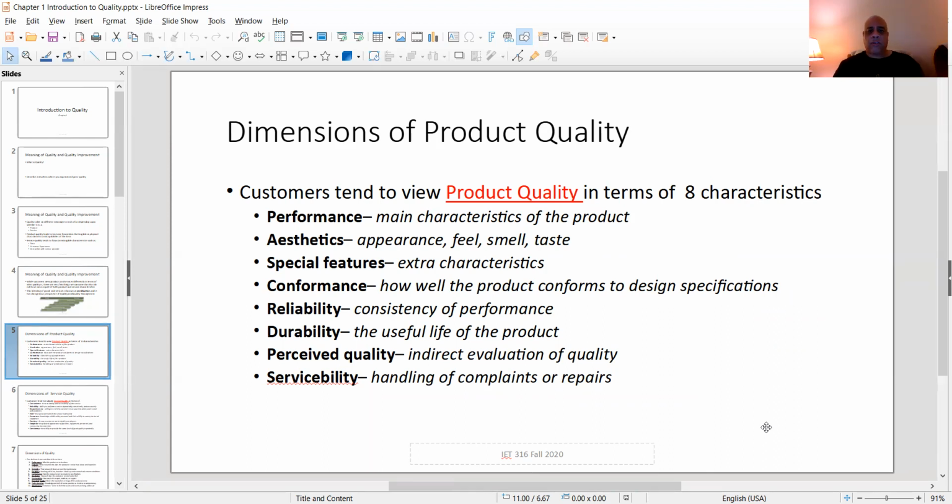And you have conformance, how well the product conforms to design specifications. A good example of that is a construction project. Reliability, consistency of performance. Durability, when we deal with the useful life of the product. Perceived quality, which is the indirect evaluation of quality. And serviceability, handling of complaints or repairs.